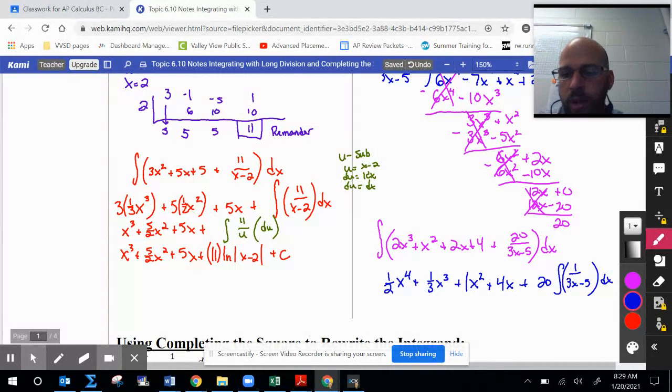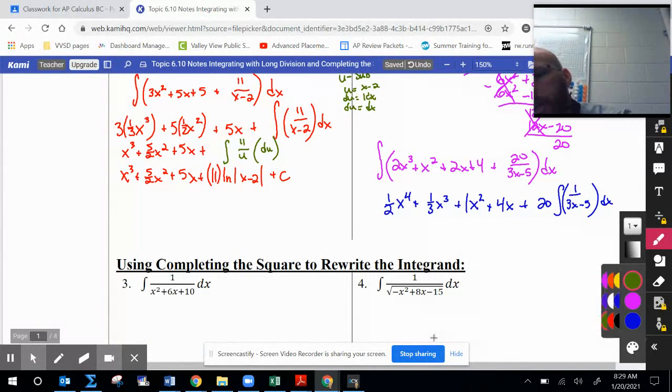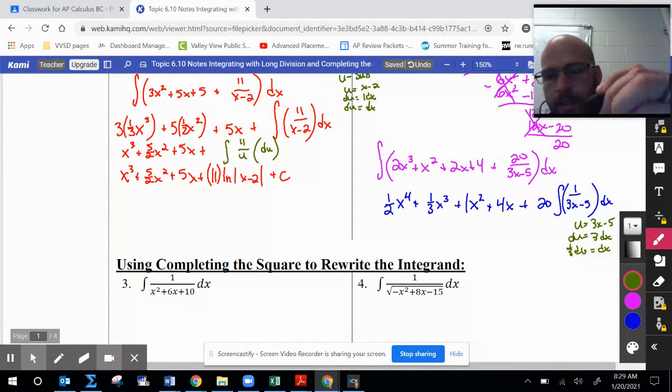So I'm going to have to do another little u substitution there. So let me change colors. If I let u equal 3x minus 5, du is 3 dx, or a 1/3 du equals dx.